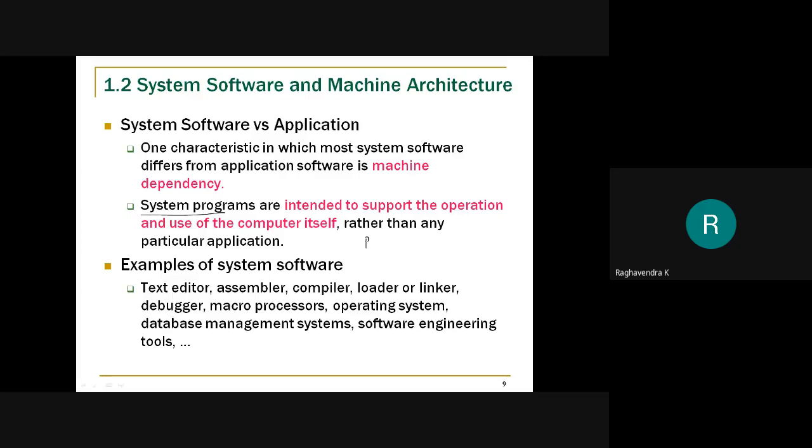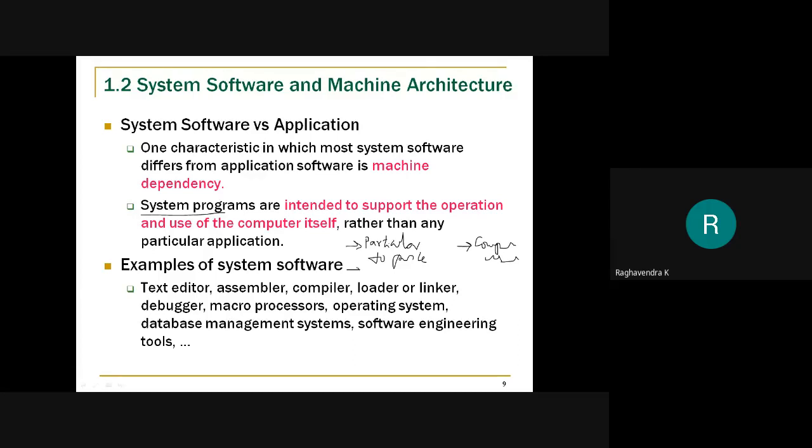It basically takes a problem and provides a solution for that. So it is particular to a problem, whereas system software is intended to make the computer usable.